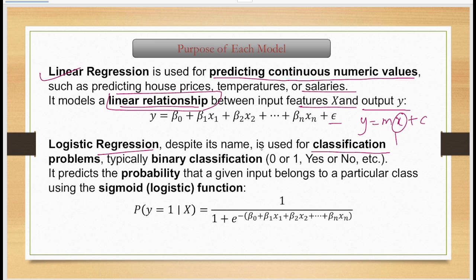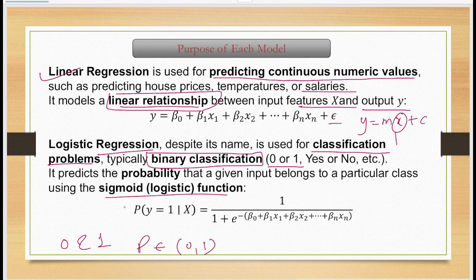Despite its name, it is used for classification problems, typically binary classification, where we get either 0 or 1, or yes or no. It predicts the probability that the given input belongs to a particular class and uses the sigmoid function. Since it is a probability, its value belongs to between 0 and 1.